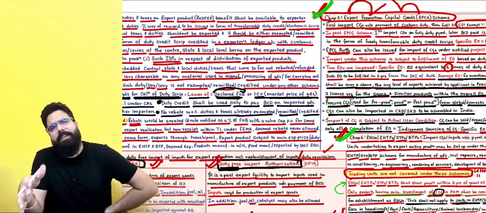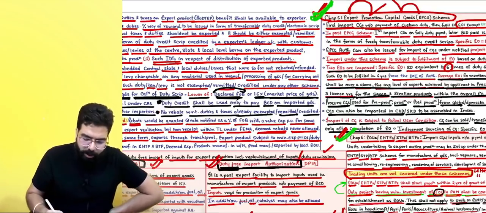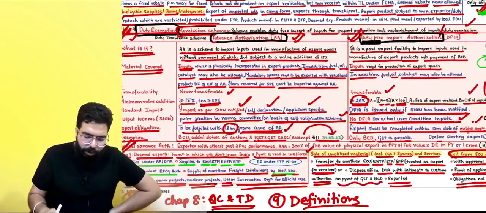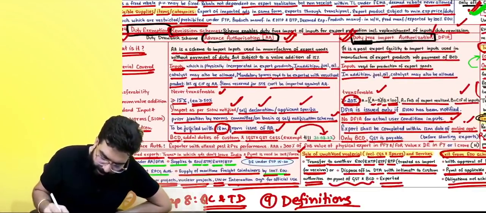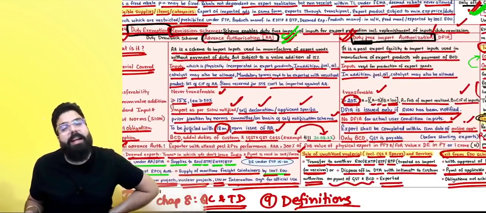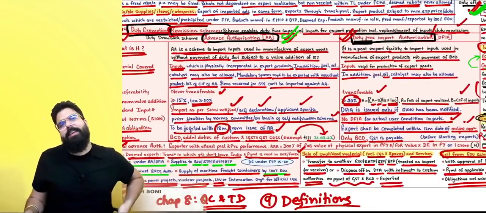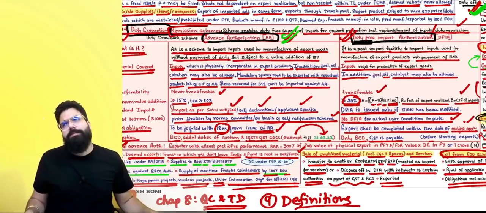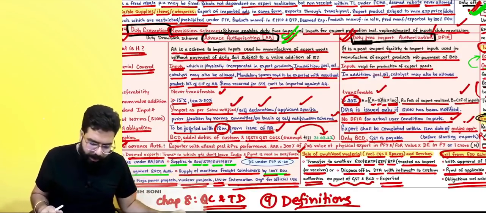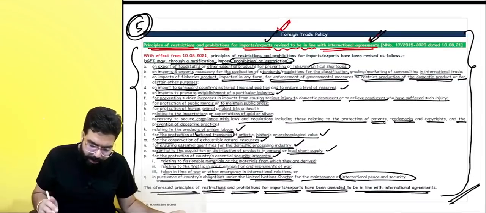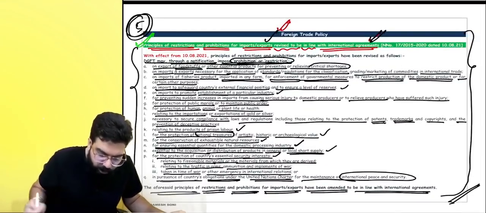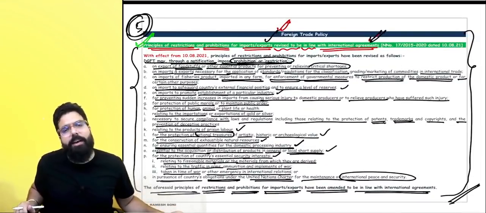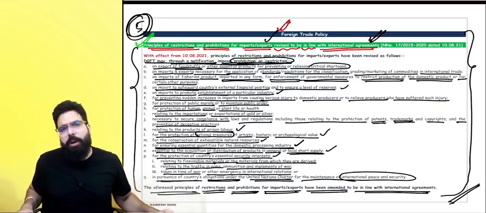Now all this IGST in case of EPCG, EOU and advance authorization, wherever the IGST is applicable, that IGST is also exempted till 31st of March 2022 now.